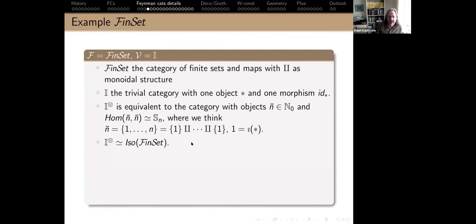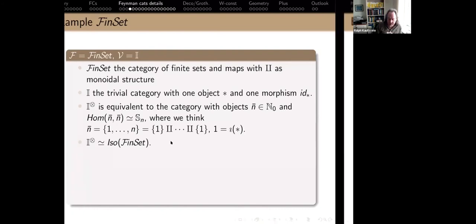I get every object up to bijection, plus, if I look at the skeleton of this, I'm looking at the isomorphisms I can get, and they're all governed by just the permutations on the set with n elements. And that's the free monoidal part. If I permute these ones in this product, that's just the Sn action on this space, and that's enough to recover up to equivalence all the isomorphisms in finite sets.